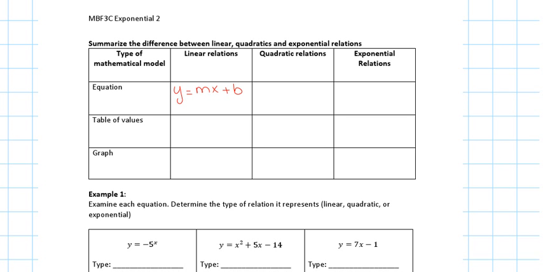In the table of values, what would be constant? First difference. And then how would your graph look like? Straight line.